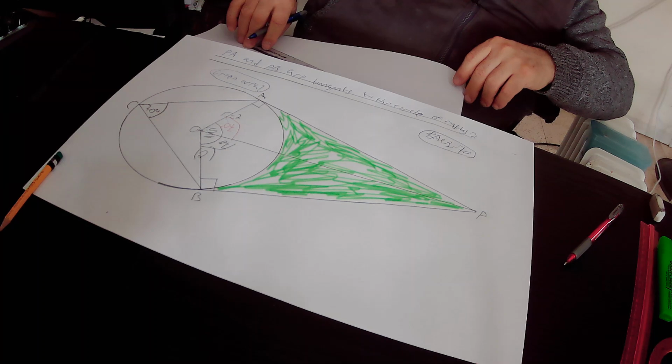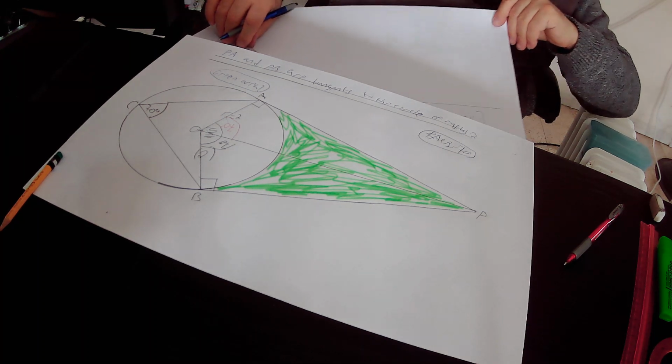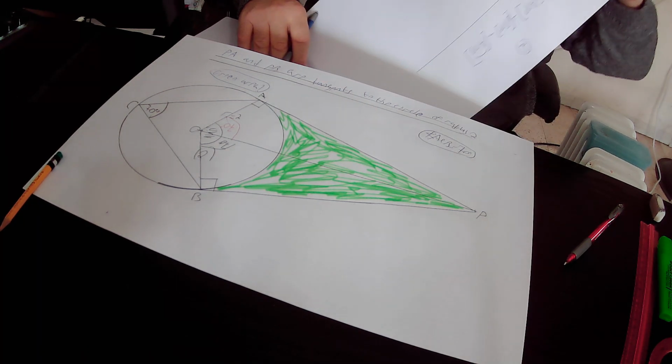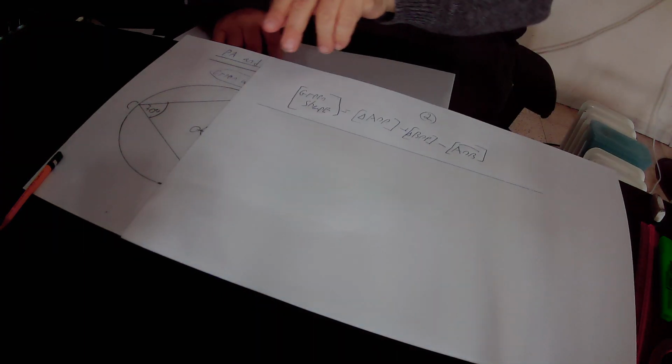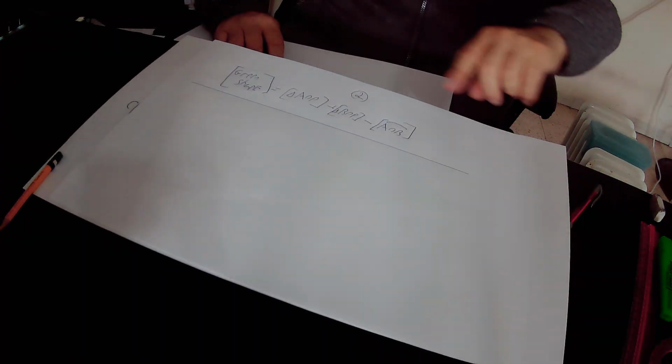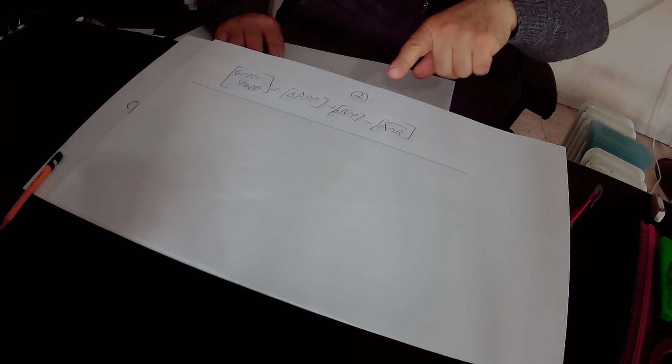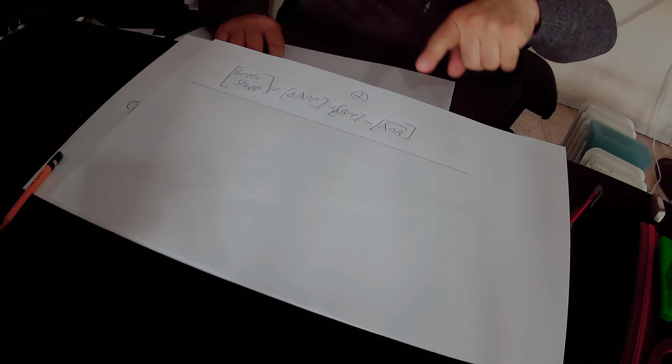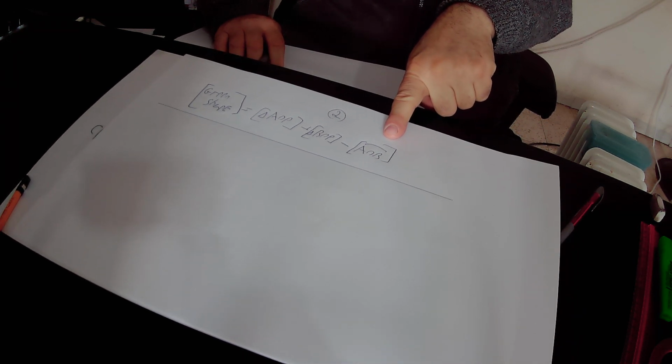Repeat again, the area of this green shape equals the area of the right triangle AOP plus the area of the right triangle BOP minus the area of sector AOB.